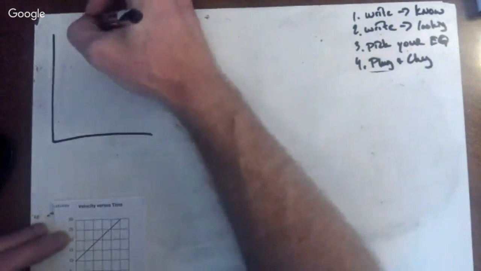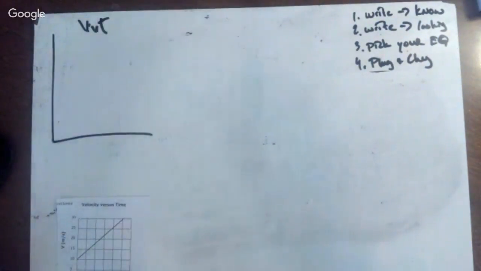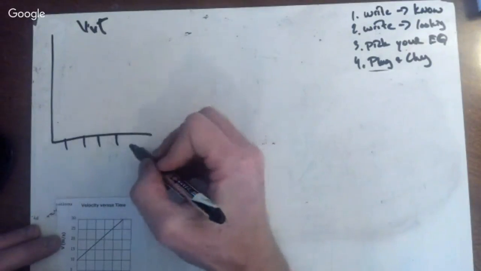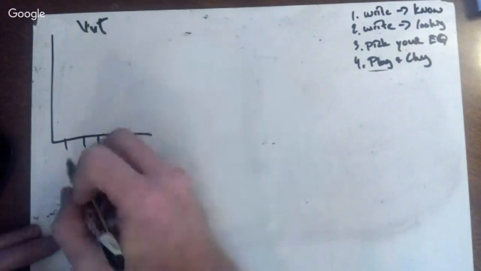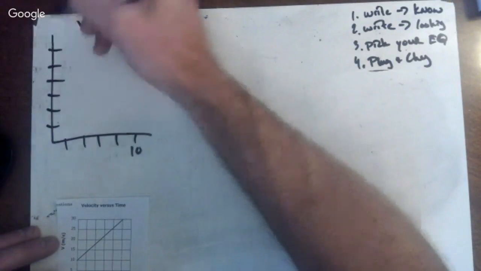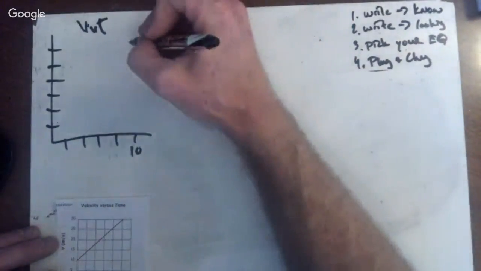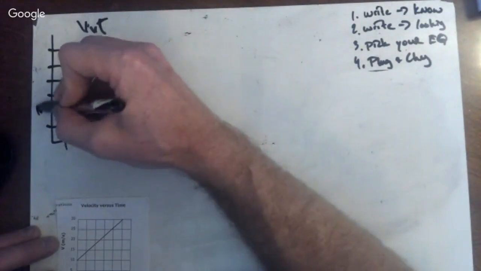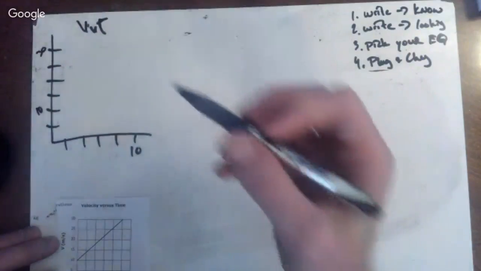Now this is a v-t graph, velocity versus time graph. We have 2, 4, 6, 8, 10, and we have 5, 10, 15, 20, 25, 30. Okay, good. It starts at 10, goes up to 30.